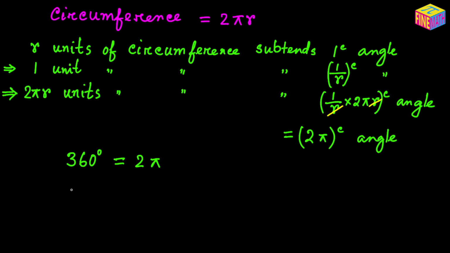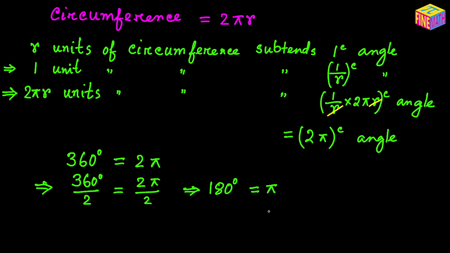So then 1 pi radian would be how much? If we divide both sides by 2, 360 degree divided by 2 would be 2 pi divided by 2. And from here we can say that 180 degree, which is a straight angle, would be equal to pi radian. So 1 pi radian would be 180 degree.